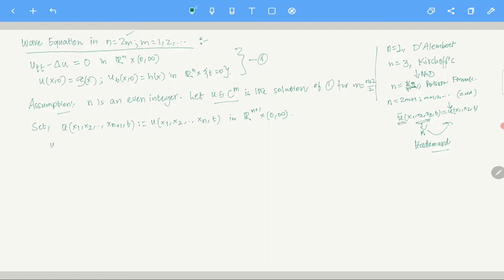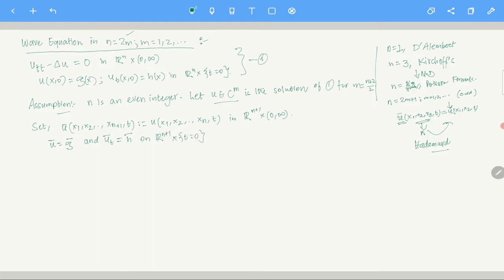The initial condition is u bar equals g bar, and u_t bar equals h bar, on R^(n+1) cross t equals 0.